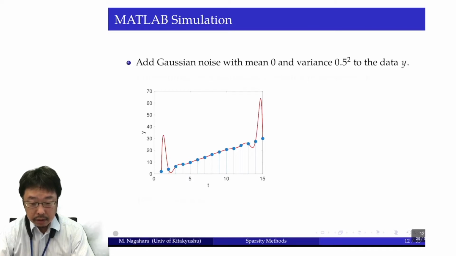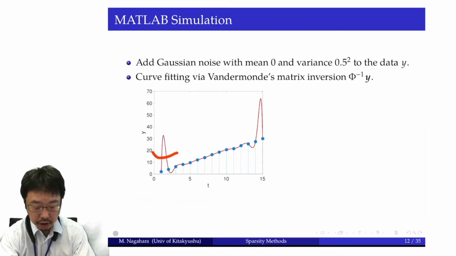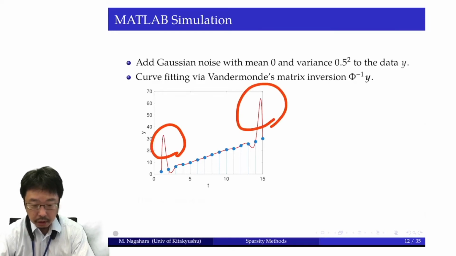Then let's add Gaussian noise with mean 0 and variance 0.5 squared to the data y. And we do curve fitting via Vandermonde matrix inversion, phi inverse y. This is the result. We can observe high oscillations here and here, although the curve interpolates the data.